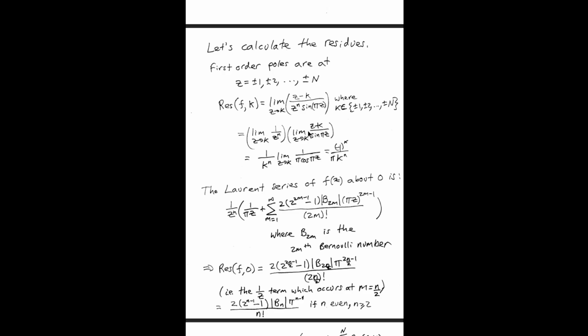And doing L'Hopital's rule on this second one, these both go to 0, obviously. This will equal the limit as z approaches k of 1 over pi cosine of pi z as z approaches k. Multiplying that out, this equals minus 1 to the k over pi times k to the n. Cosine of pi k is simply minus 1 to the k in the denominator, which is the same as minus 1 to the k in the numerator.